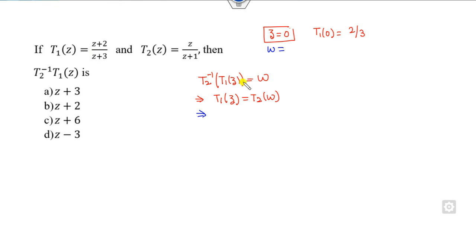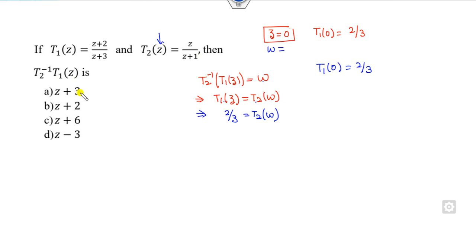So what is the t1 of 0? It is 2 over 3. Fine. Now if I take z as 0, is it 2 by 3? Sorry, it's wrong. If I take z as 0, what will happen? t1 of 0 is 2 over 3.